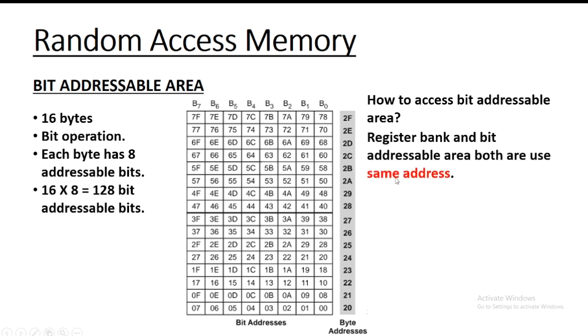So how to access the bit addressable area? Suppose the register bank and bit addressable area both use the same address. If you recall the previous slide, 00 is also the address of R0 of the first register bank.